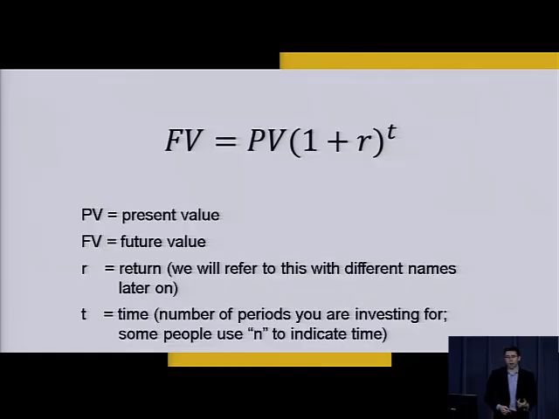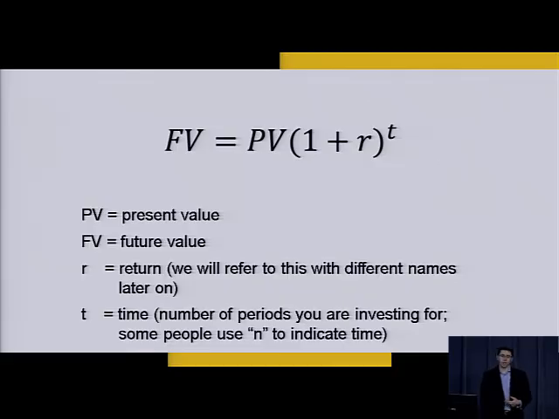We'll have a huge number of names for this variable. I'll introduce you to as many as I can here in a few minutes. But suffice it to say, our R in this time value of money equation is our return, and you can think of it as the percentage that you earn on your present value every single period that you're investing for. Our T is just the number of time periods that we're investing for.